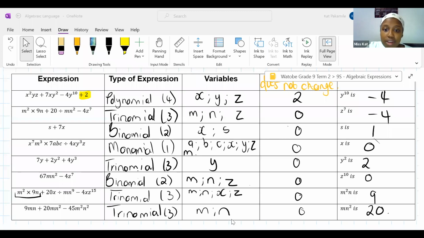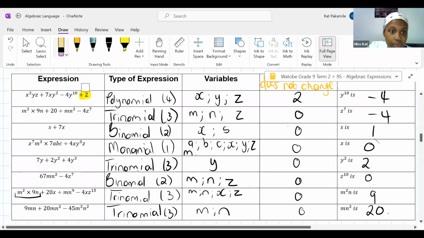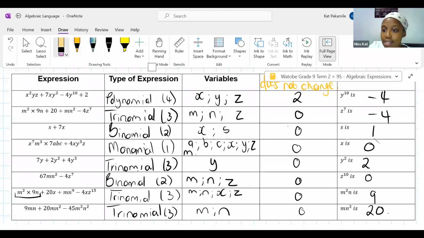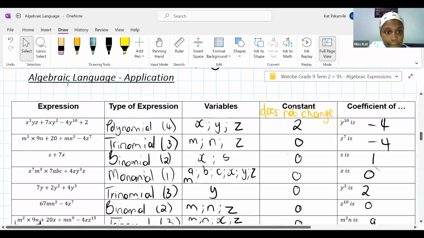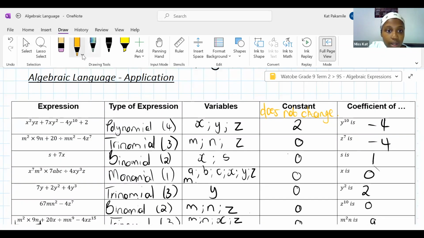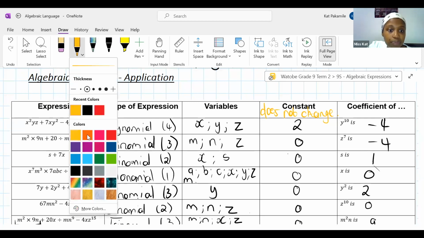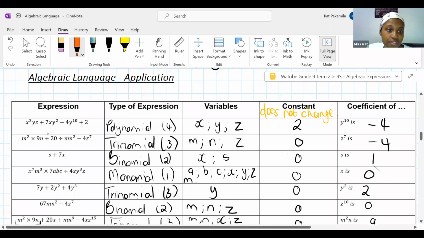Constant and the variables. Okay, Abisha, let's start with constant. If something is constant, that means it does not change, right? Do you agree? Yes, ma'am. So it does not change. So Abisha, do we know the value of x and y and z in the first expression?